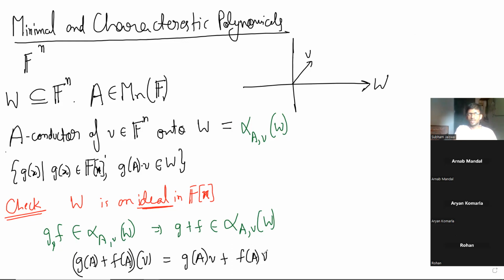This is not linearity of matrix multiplication, this is just linearity of function application, right? Sum of two functions. So I was wrong there. This is in W and this is in W because of this definition, and therefore this is in W because W is a subspace, not just a subset, of course. We won't be talking much about it, but anyway.